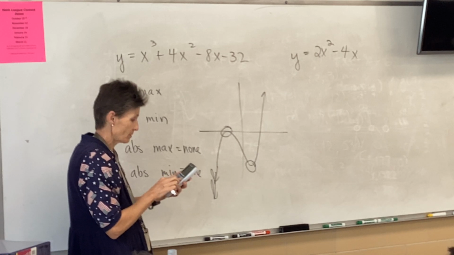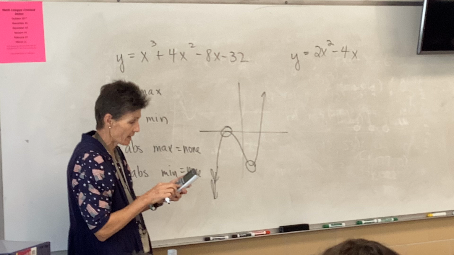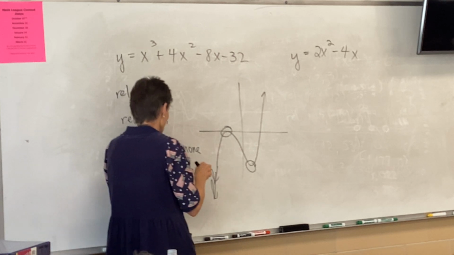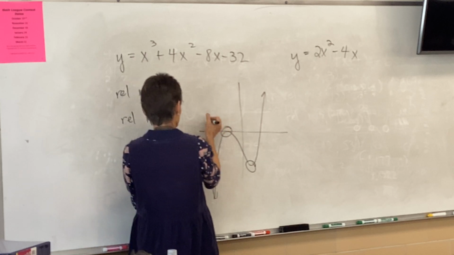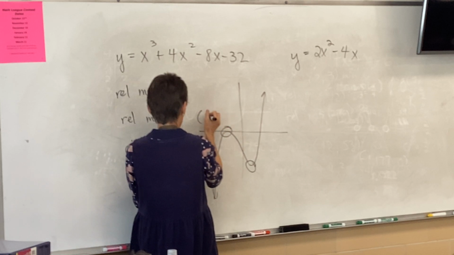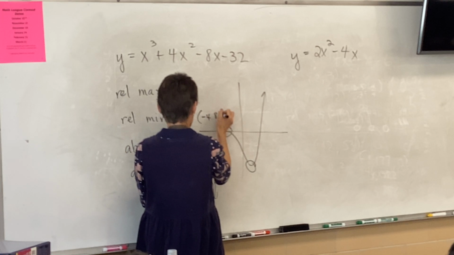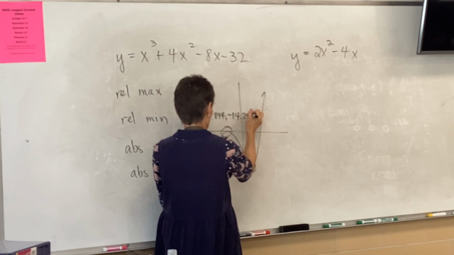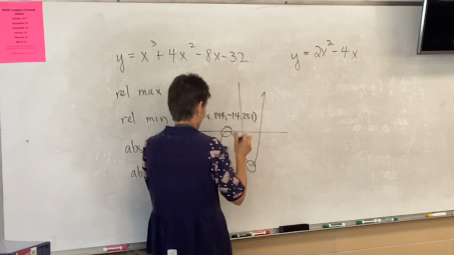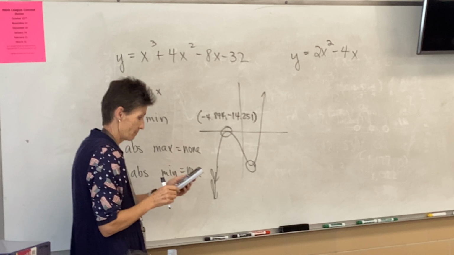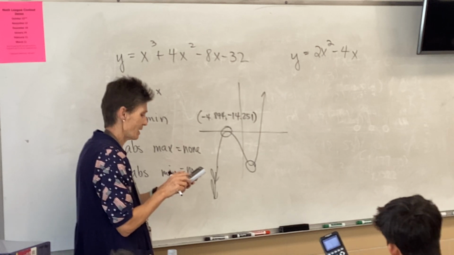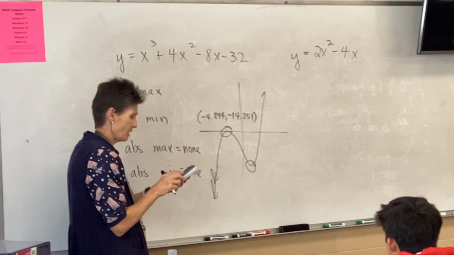I hope you guys are doing something over here. It's telling me invalid. See the line is, this one, I got negative 4.894, comma, negative 14.251. I don't think that's right. It's negative 3.4. I don't know what I did.